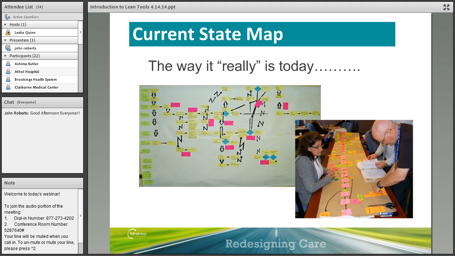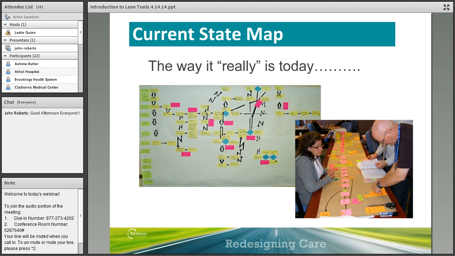We use high-tech technology when we're doing value stream mapping. We use the high-tech Post-it notes when we do value stream mapping, as you can see here from the queues. We do that for a specific reason.